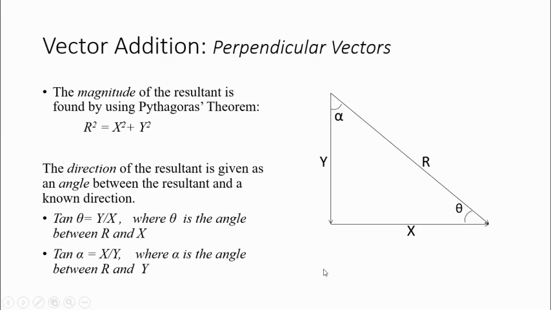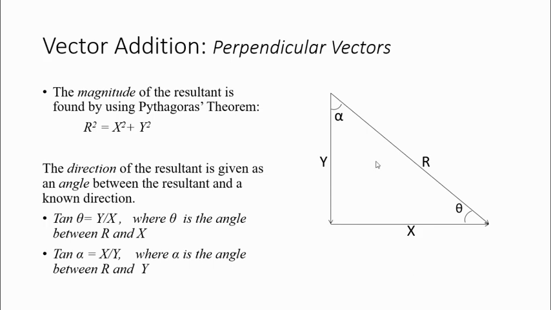So as we were saying, for the size of the perpendicular vectors, and this only works for perpendicular vectors, we find the size using Pythagoras' theorem, and then the direction is given as an angle, the angle between the resultant and one of the original vectors or another known direction.